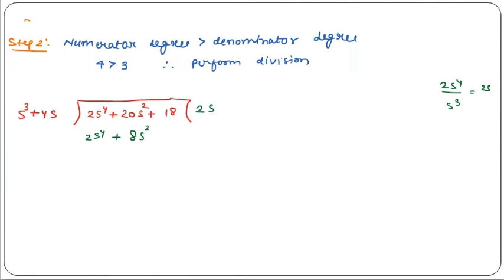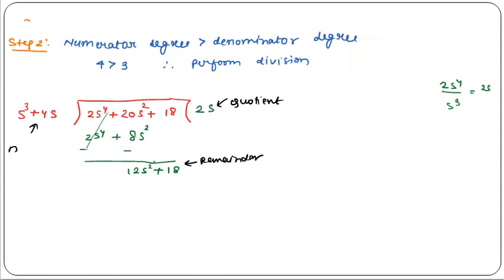Okay, now we will subtract, so this will get cancelled out, and we are getting 20 minus 8, so that is 12 into s square plus 18. Okay, so now this is the quotient, this is the remainder, and this is the divisor.